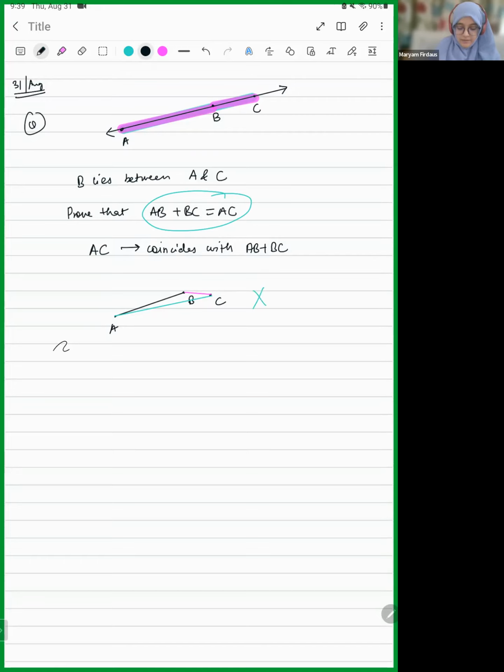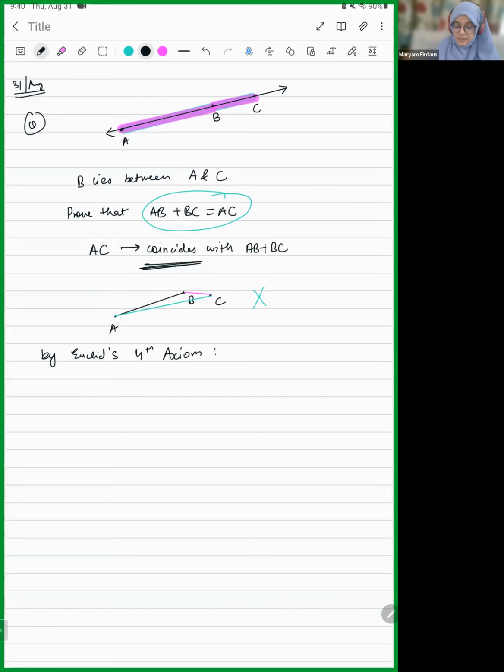So by which axiom? Can someone tell me by which axiom, when something coincides with something else, both of them are equal? Ma'am, the fourth one. So by Euclid's fourth axiom, they are equal.